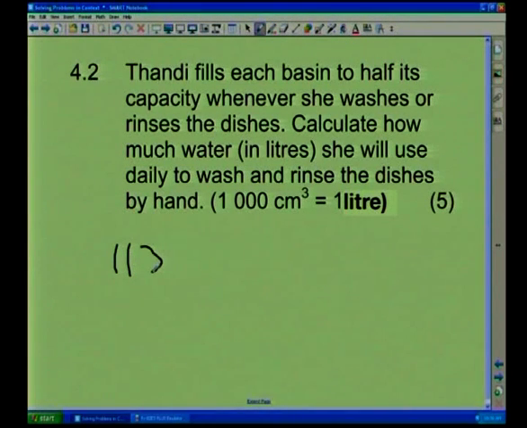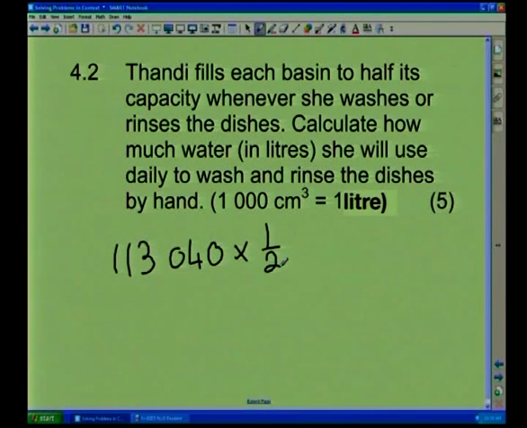I'm just going to write that a little neater for us so we can read it. 113,040. And that's the volume of one basin. She fills it to half its capacity. So only half of that volume is needed in terms of actual liquid.